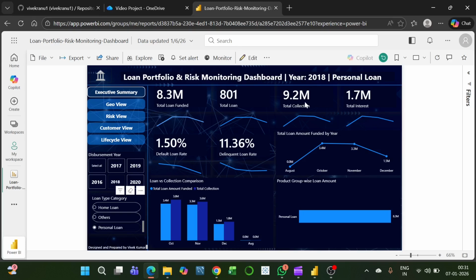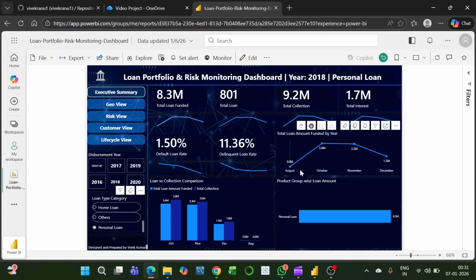So the total interest that the bank received is 1.7 million. Here the default loan rate is 1.5%, which is quite okay, but delinquency is much higher.